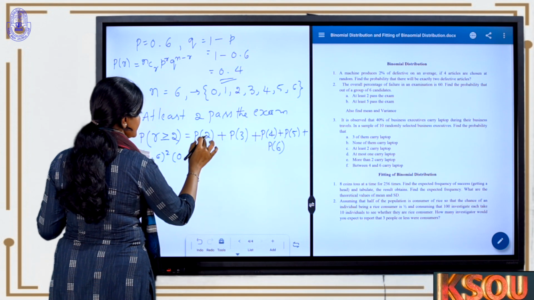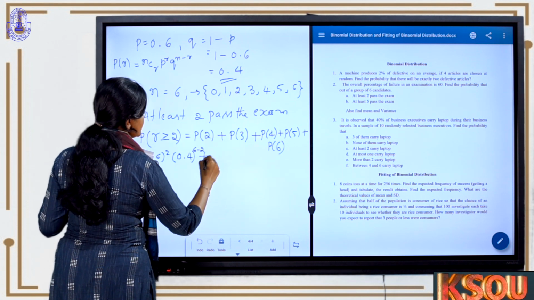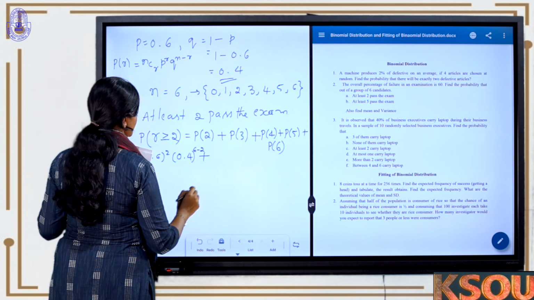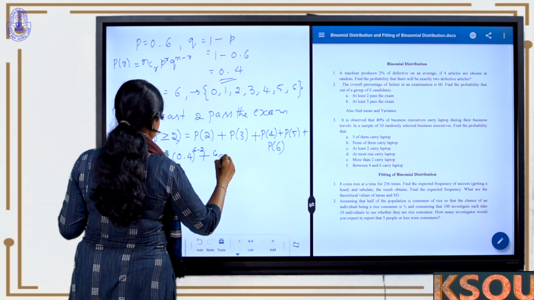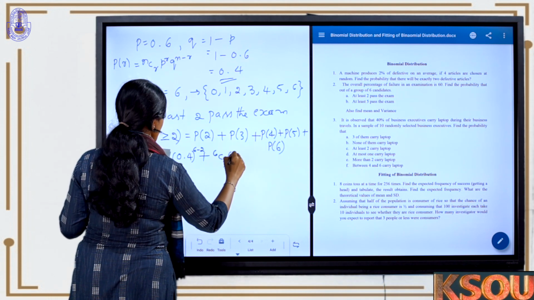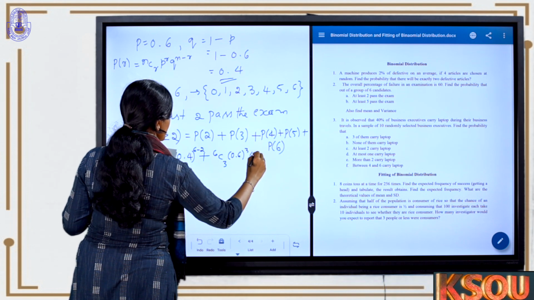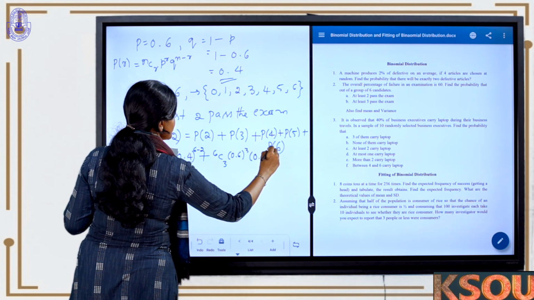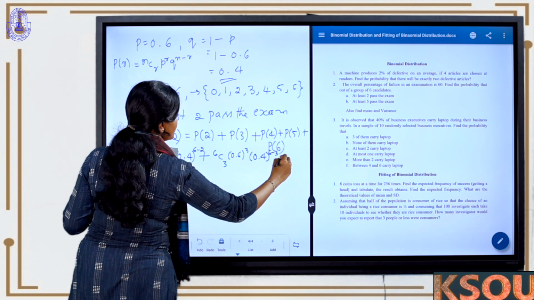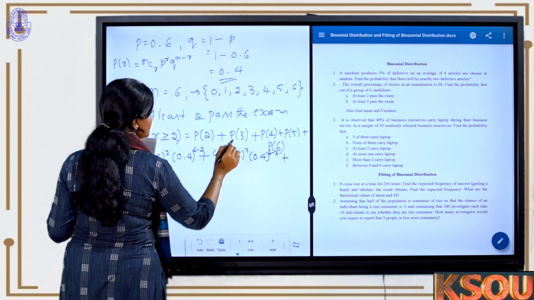This is for the P of 2, plus. Similarly you will have to take for P of 3, that is 6C3 into 0.6 to the power of 3 into 0.4 to the power of 6 minus 3, plus. This is for P of 3.